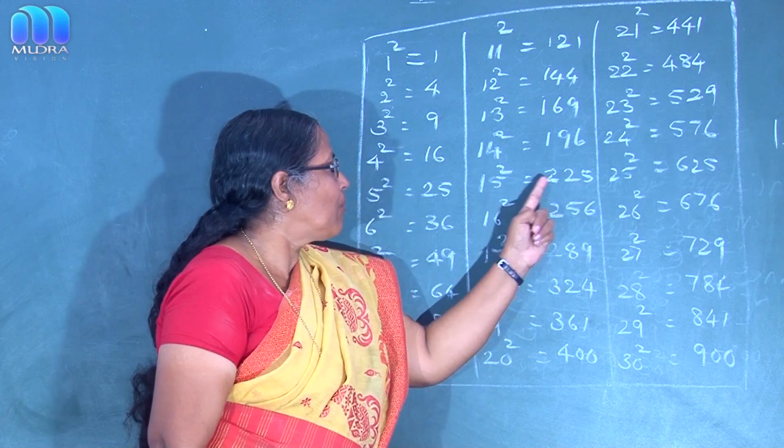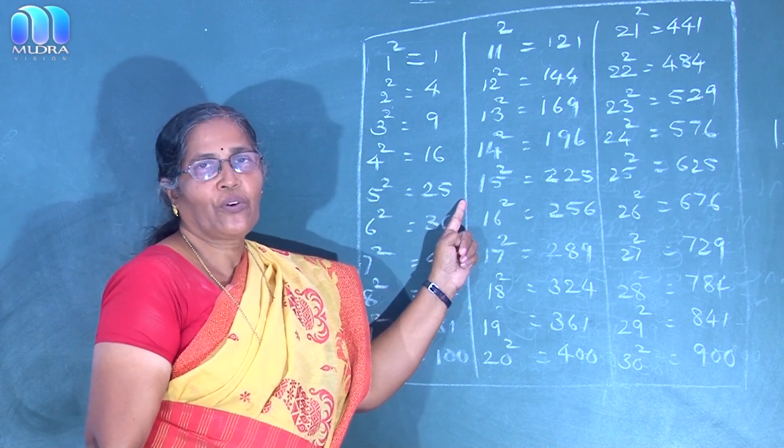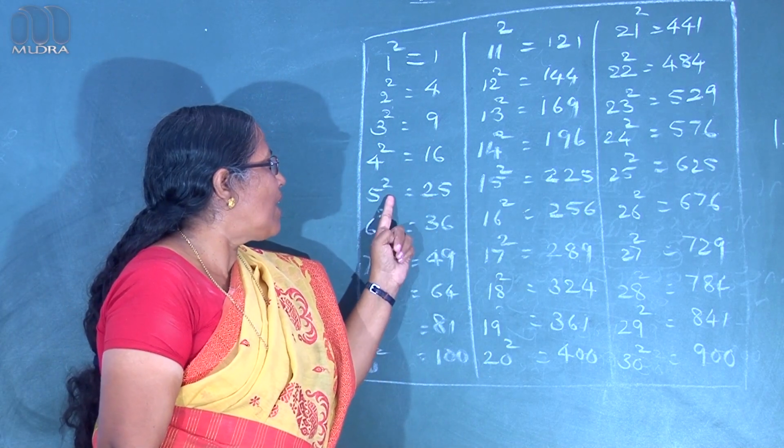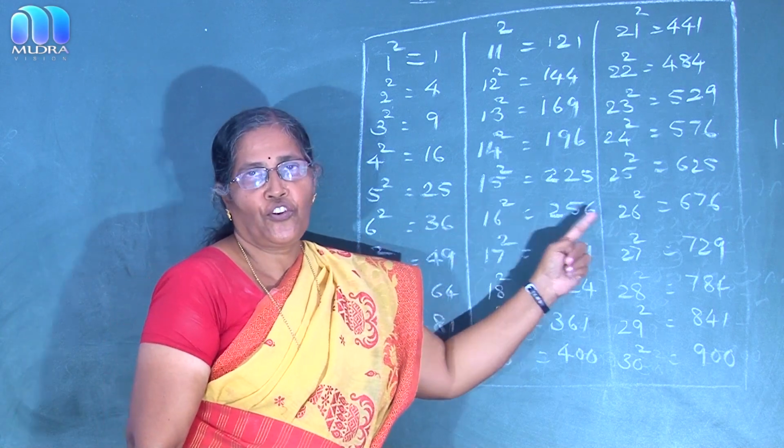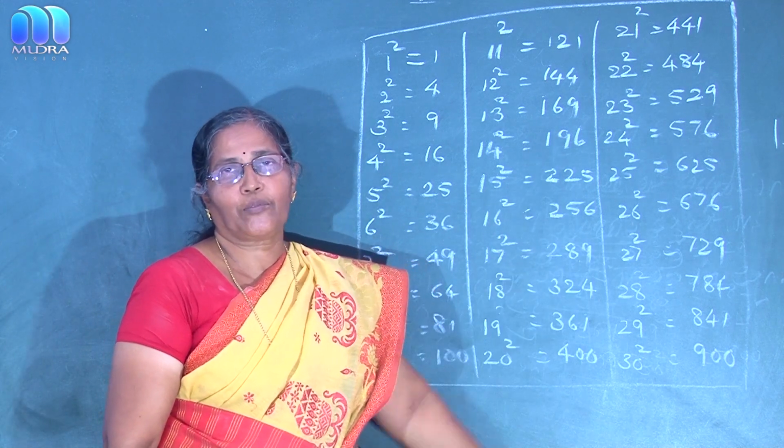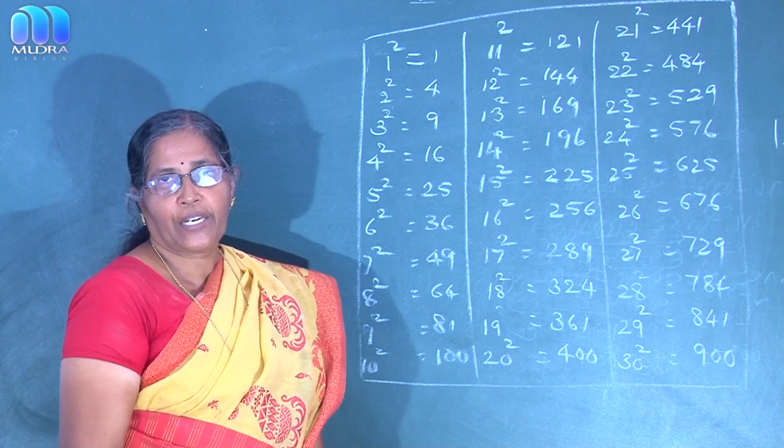Not only 5 but 25. The square of numbers ending in 5 ends with 25. These are some specialities of square numbers.